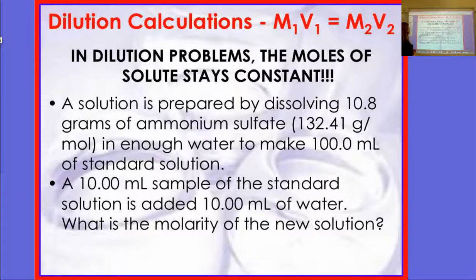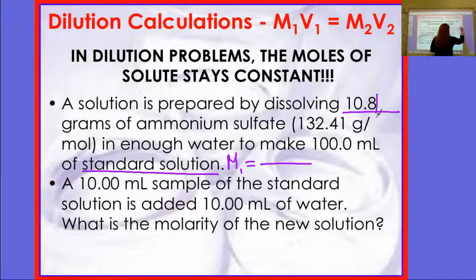A solution is prepared by dissolving 10.8 grams of ammonium sulfate, here's the molar mass, in enough water to make a 100 milliliter standard solution. So first I have to calculate my M1. M1 equals, I need to get this into moles. 1 mole, 132.41 grams.